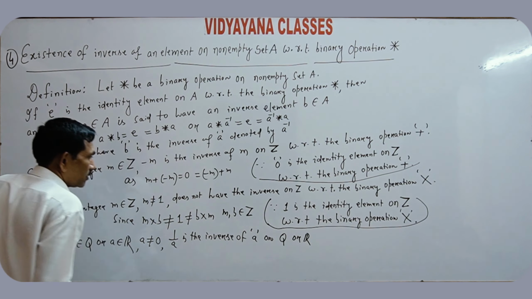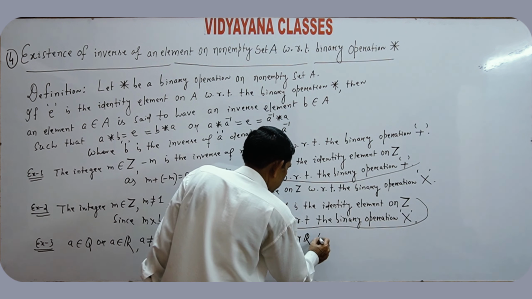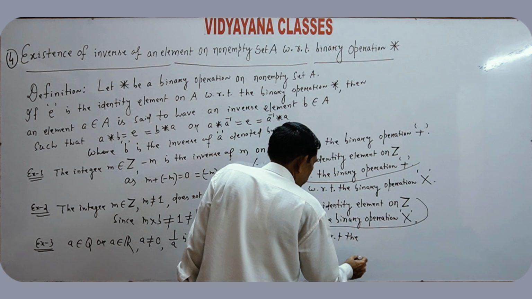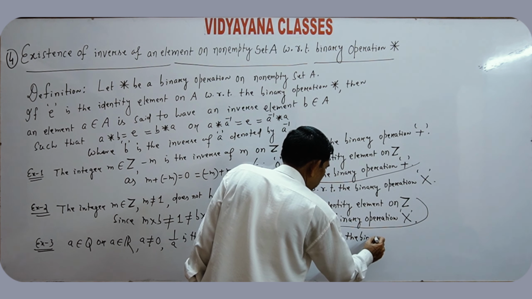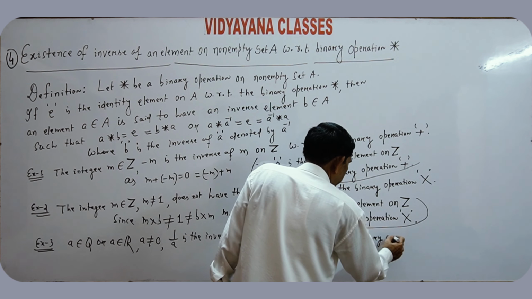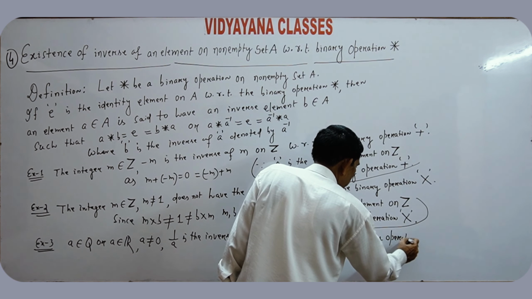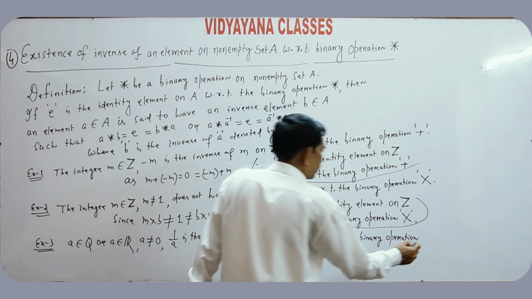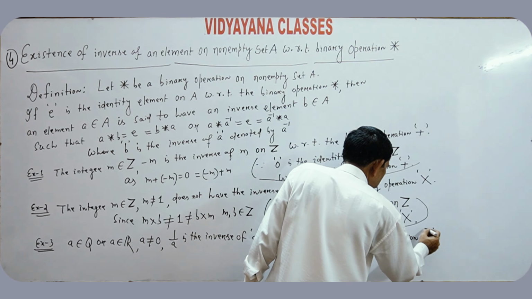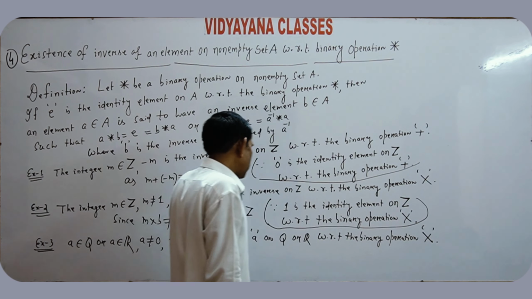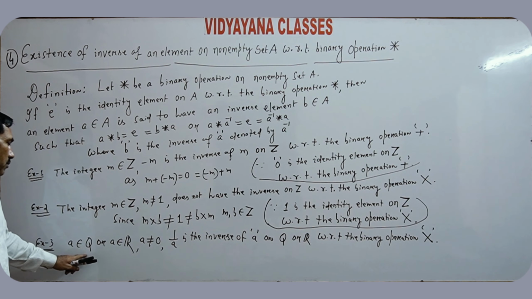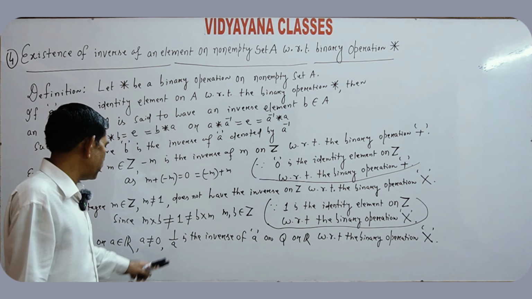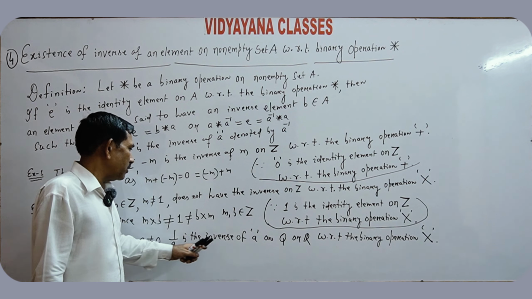Since with respect to the binary operation multiplication, which is denoted by into sign, a belongs to the set of rational numbers, a belongs to the set of real numbers, a not equal to 0, that means 1 by a exists, is the inverse of a.